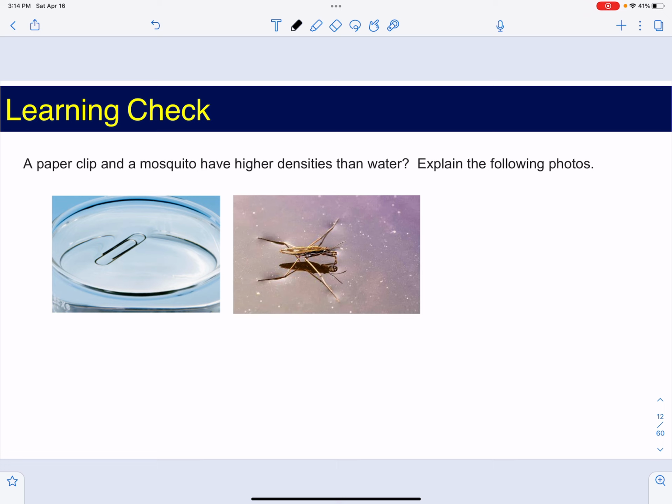A mosquito can walk on water. A paper clip can float on water even though both of them have densities that are higher than the water, and most likely you learned in middle school and high school that anything that is denser than water will sink in water.